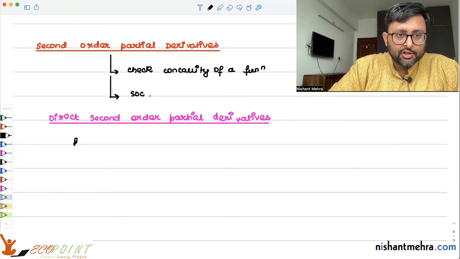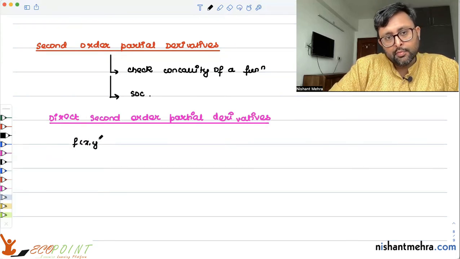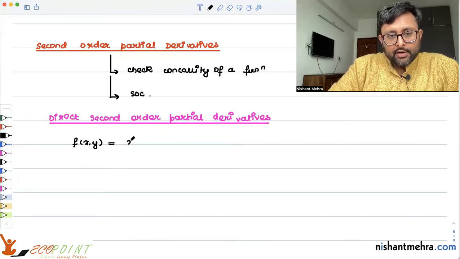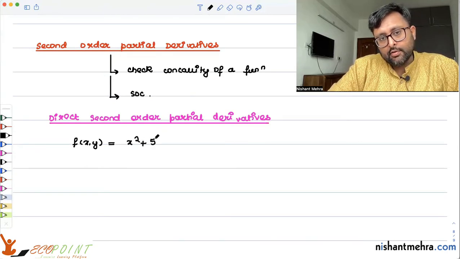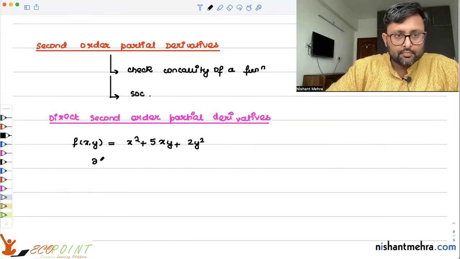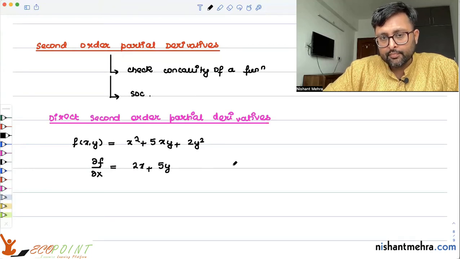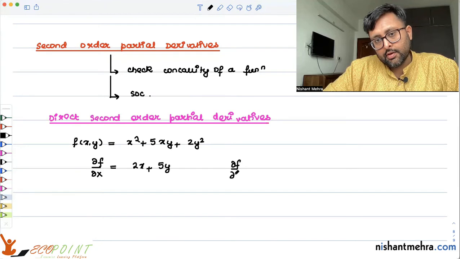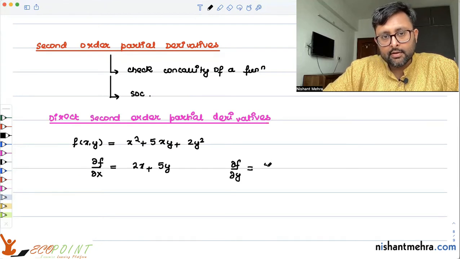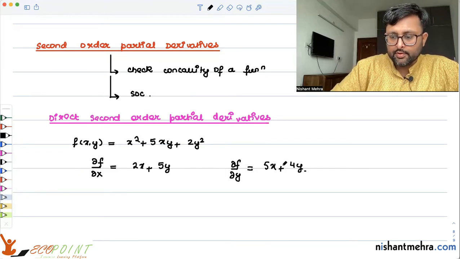So for example, you have a function like this, f(x,y) as x square plus 5xy plus 2y square. So del f by del x is 2x plus 5y, and del f by del y is 5x plus 4y, right?